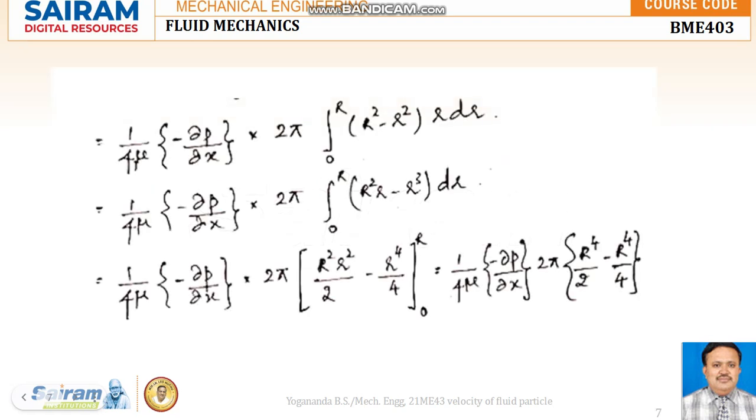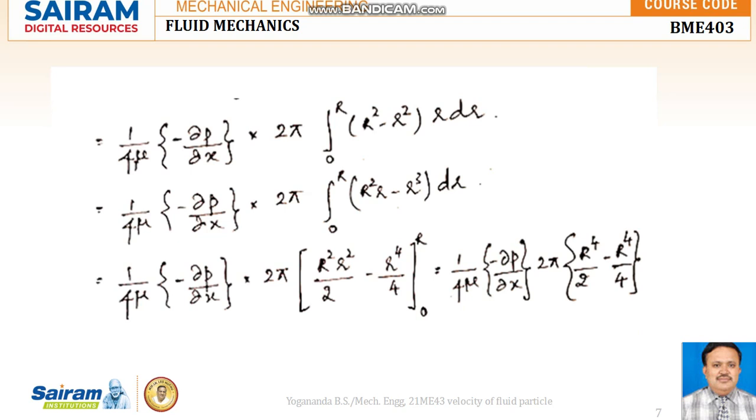Taking the constants outside, we have 1 by 4 mu of minus del p by del x into 2 pi, and only r, the radius, inside the integration.